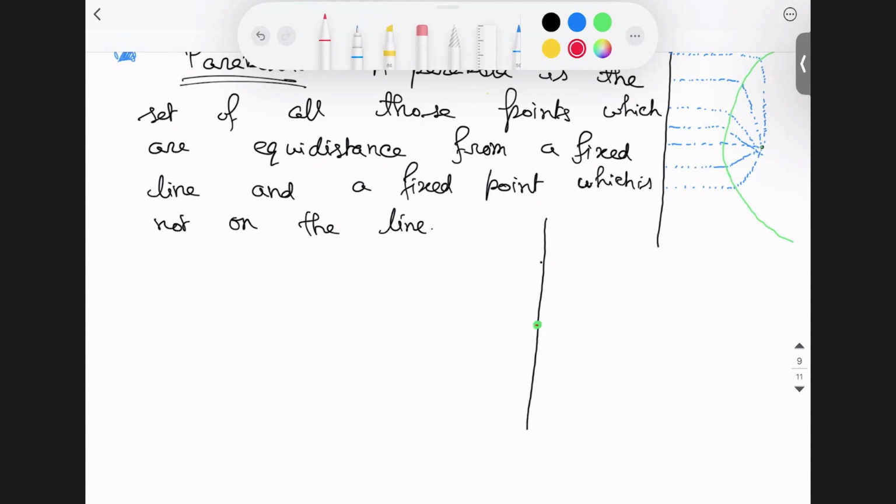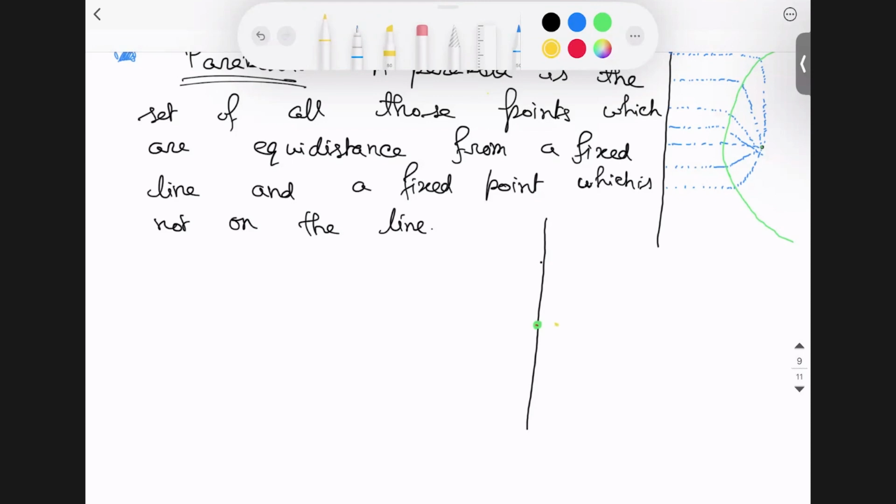Now, if we consider this yellow point, it has some distance from the green point.